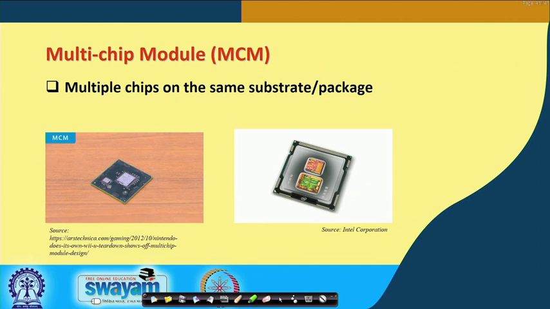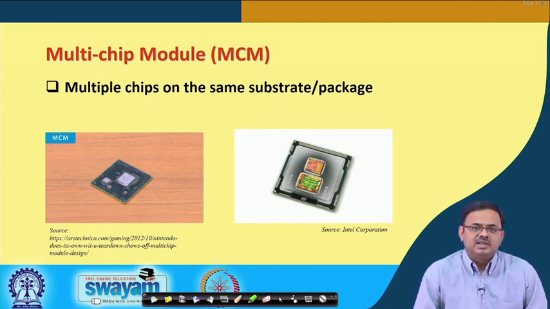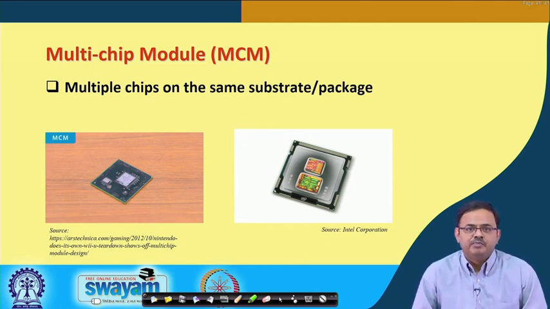Okay. Now look at the picture on the left and also an artist's impression on the right hand side. What we see are multiple dies, or multiple pieces of silicon, on the same package. All right. The first one is the Wii, which is a gaming device from Nintendo, and you see that there are two pieces of silicon.